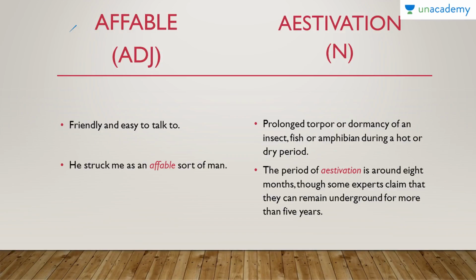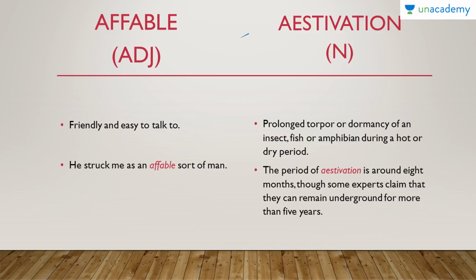Affable. Repeat after me. Affable is an adjective, friendly and easy to talk to. When you put it into a sentence, it will read, he struck me as an affable sort of man. A question to you: are you an affable sort of a person? Next, aestivation. Repeat after me.